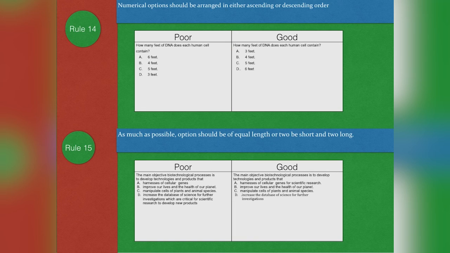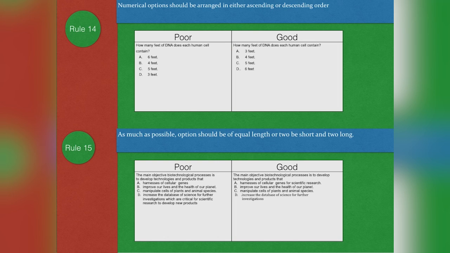How many feet of DNA does each human cell contain? 3, 4, 5, 6. So that is the best way it should be arranged for you so that you can set it up. We'll see that later. 15, as much as possible, options should be equal length, or 2 could be short or 2 could be long.